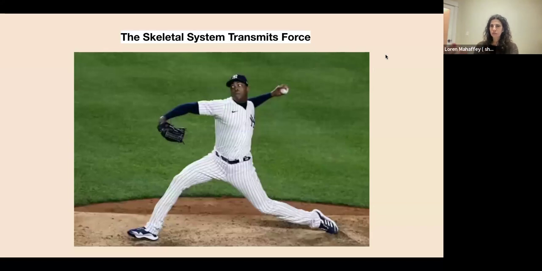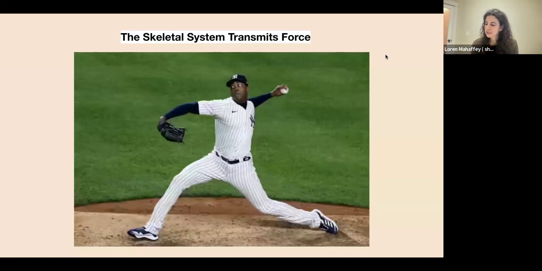So for me to hold a ball and pull my arm back, my whole body back, and then move the arm forward, all of that is muscle moving bone. But in that moment where the ball releases from my hand and force has been transferred into the ball, that comes from the bones.